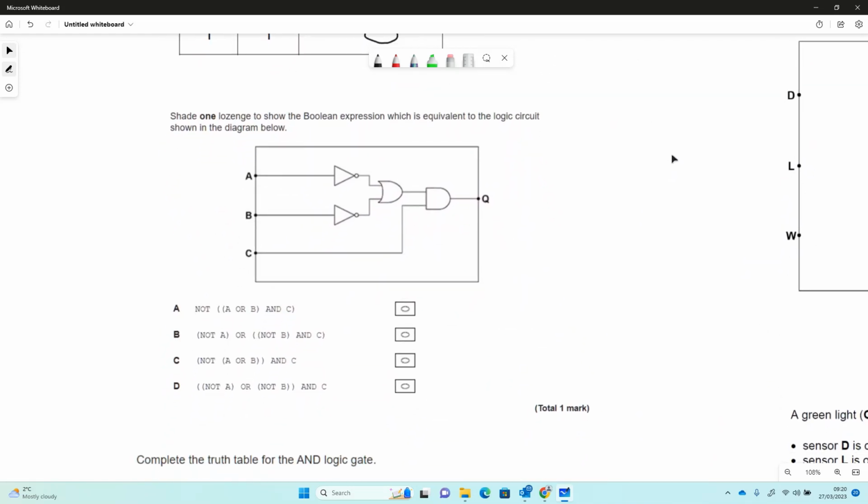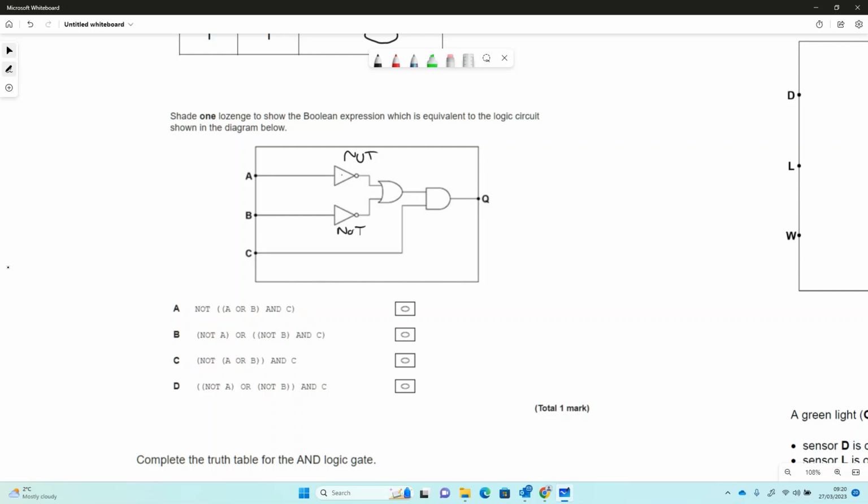So then there's a shade the lozenge style question here, and we just have to choose what the expression is from A, B, C, or D. So A is going into a NOT gate, and B is going into a NOT gate. So that's our first kind of clue. We've got quite a few options that look like that might be the case.